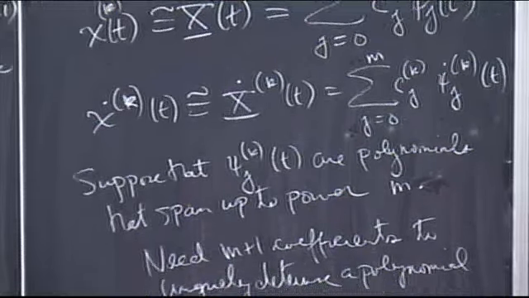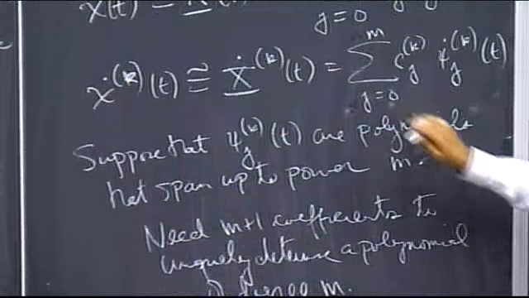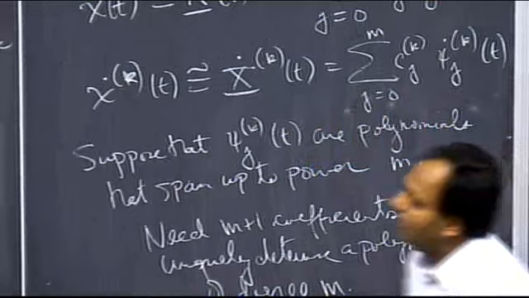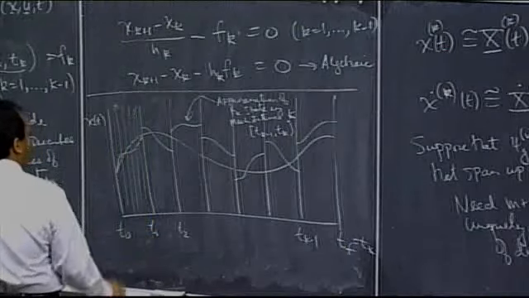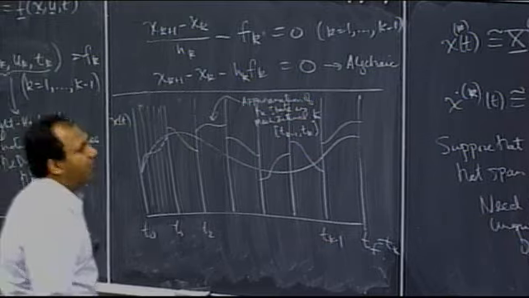So what we do is actually add a condition. We're going to collocate on the polynomial at a bunch of points in the interval, and we also have to collocate on the function value.